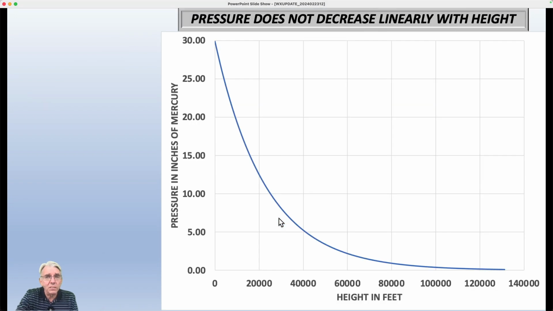And the first thing I'm going to talk about is the fact that the air pressure does not decrease linearly with height, okay?